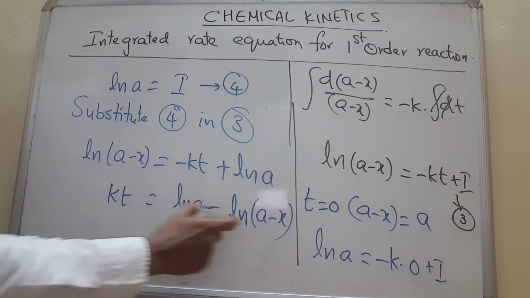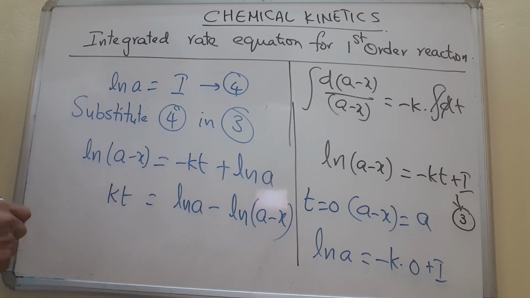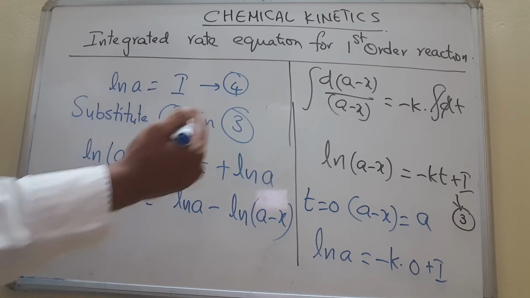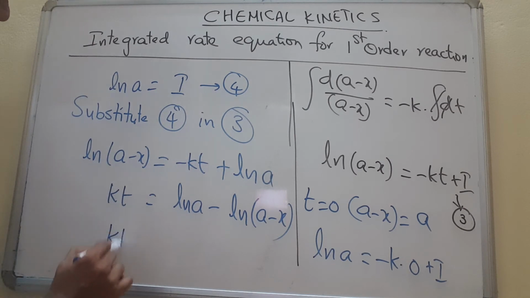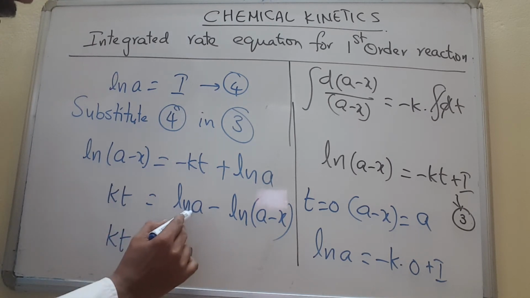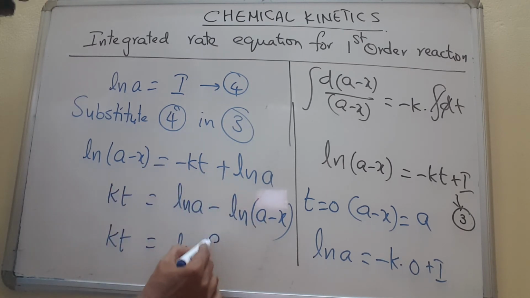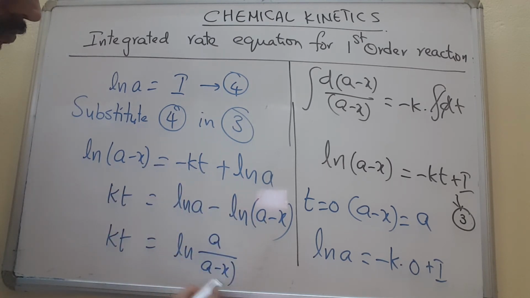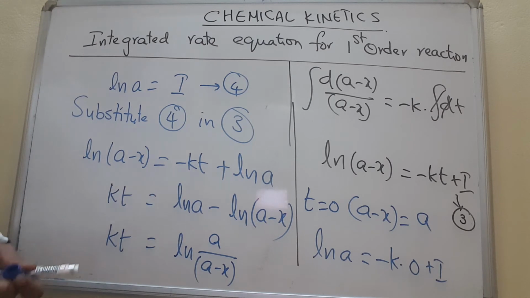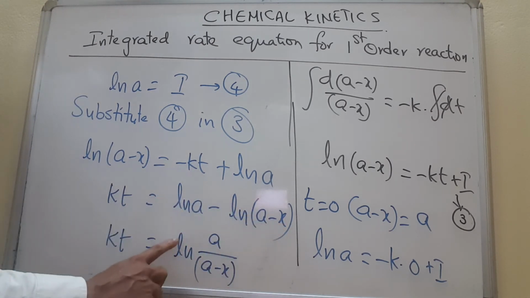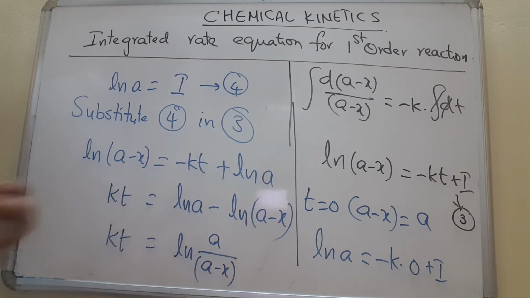Here it looks like ln a minus ln b. ln a minus ln b is mathematically ln of a by b. Then kt is equal to ln of a by a minus x. So it is indicating the formula ln a minus ln b is ln a by b.